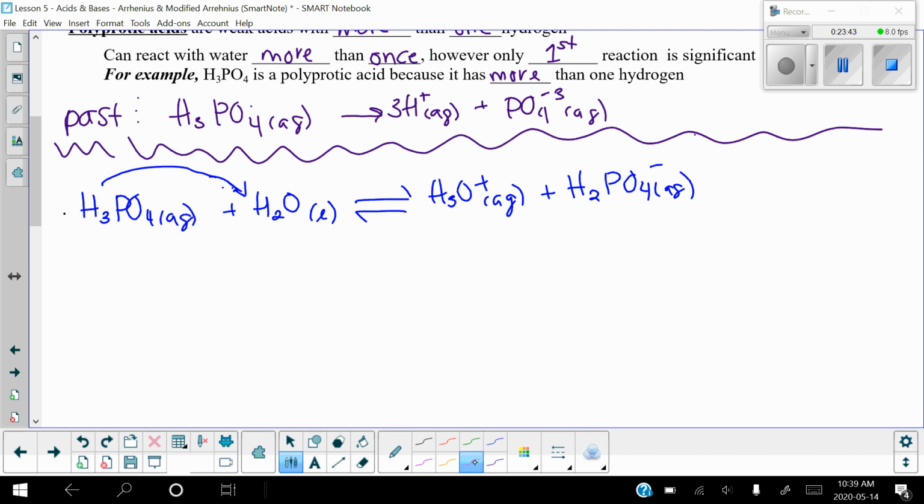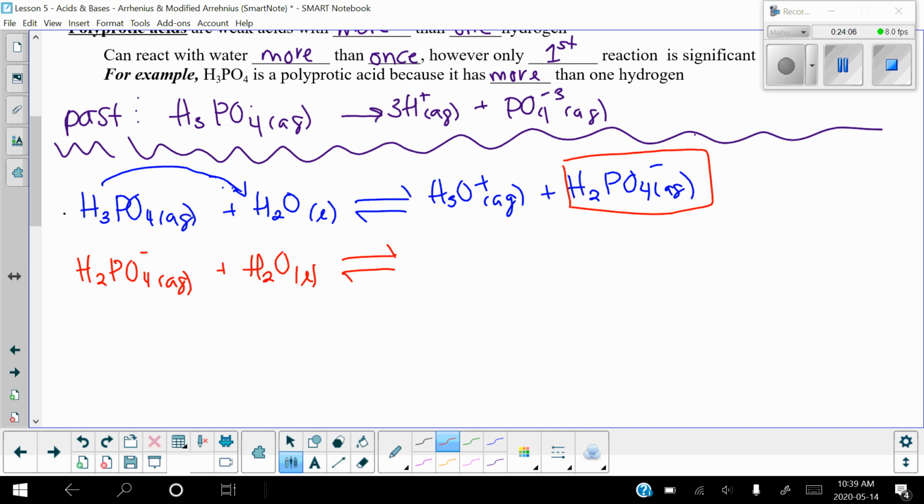Okay, now this one, because it has a hydrogen, can go through it again. H2PO4 minus aqueous plus H2O liquid donates another hydrogen, produces another hydronium, and now it only has one hydrogen, resulting in a 2 minus charge.